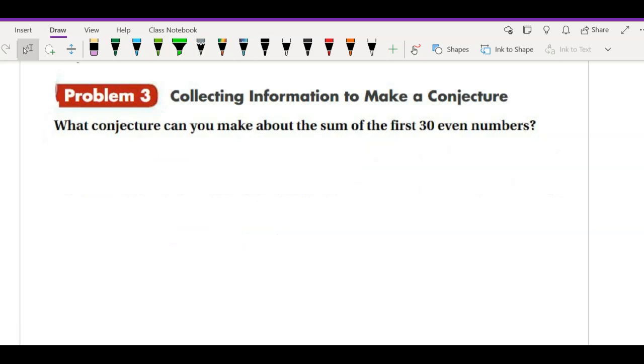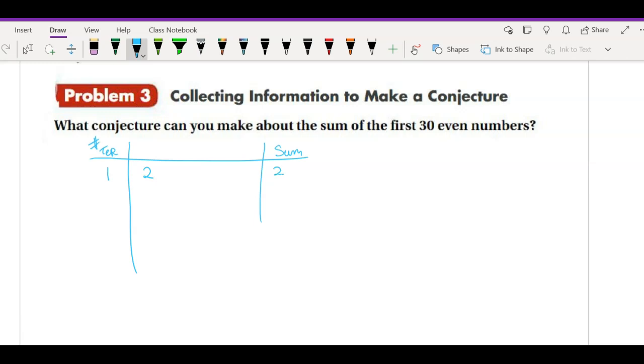Okay, so this example wants us to collect information to make a conjecture. What conjecture can you make about the sum of the first 30 even numbers? I don't know about you, but I'm a visual person, so I need to draw that out. So I'm just going to make a little table: the number of terms, then what the terms are, and then the sum of those terms. With one term, it's the first even number, so that's 2.